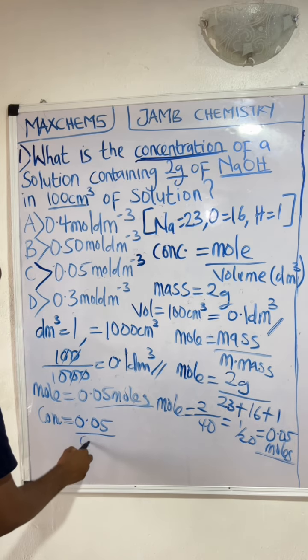So 0.05 divided by 0.1 gives us 0.5. In what? 0.5 moles per dm³. Don't forget. So this is the concentration of sodium hydroxide in 100 cm³ of its solution. So the answer is option B.